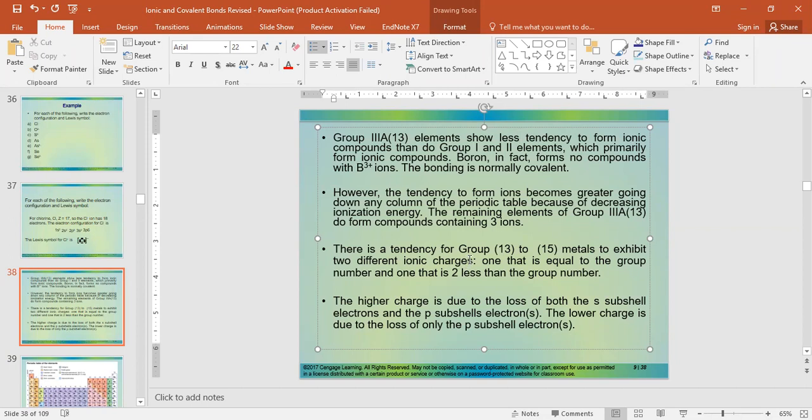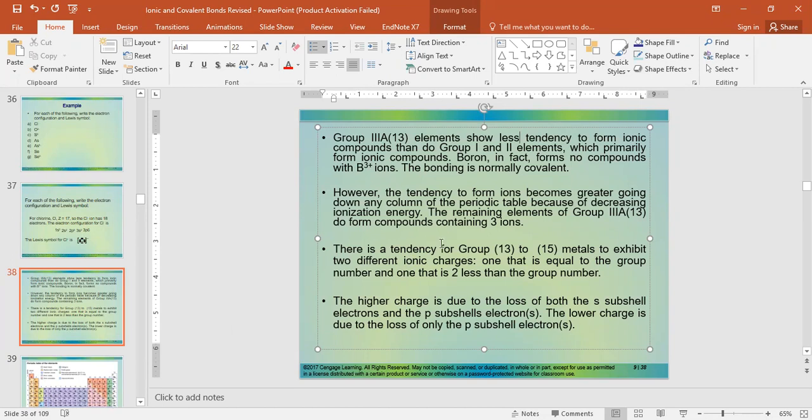In fact, as you go down the group, the ionic character increases. The tendency to form ions becomes greater going down any group in the periodic table. As you move down from aluminium, the ionic character is going to increase.